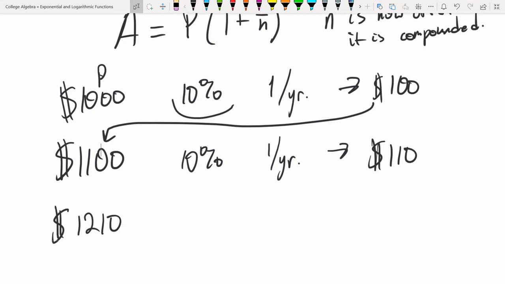Typically, you won't see growth very fast unless you have a very high growth rate, right? If this was like 200%, then you'd see it compounding incredibly fast. But most of the time, like for banks and things like that, you see interest rates of like 3% or maybe like 2.5%, something like that.